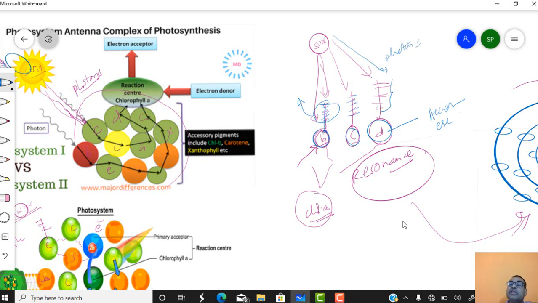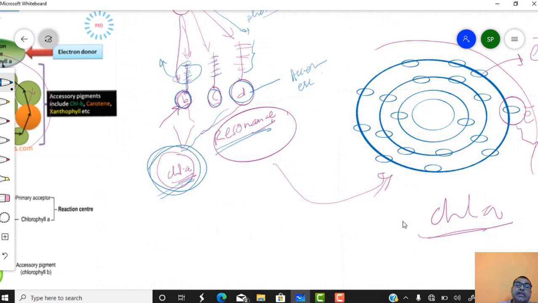The absorbed radiant energy in the form of photons is sent to the reaction center, which is generally considered to be chlorophyll A, by means of resonance. What happens next? When this chlorophyll A absorbs the energy from these accessory pigments, it gets excited.